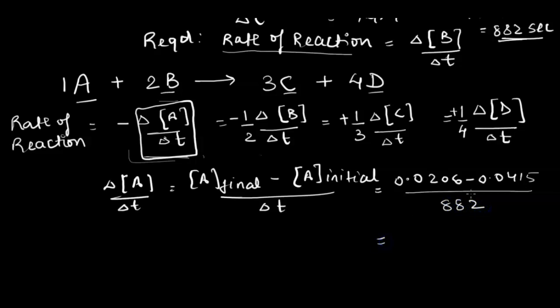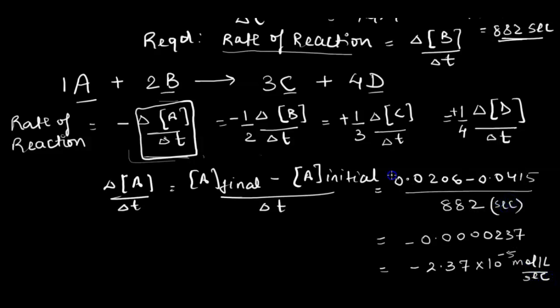Now when we put this all on the calculator, we'll be able to see that when we subtract this, the result that we get is going to be equal to negative 0.000, and we have another 0 there, 237. We can rewrite it in scientific notation, so we can write it down as negative 2.37 times 10 to the power negative 5 moles per liter per second, because this is in seconds and this is in moles per liter.